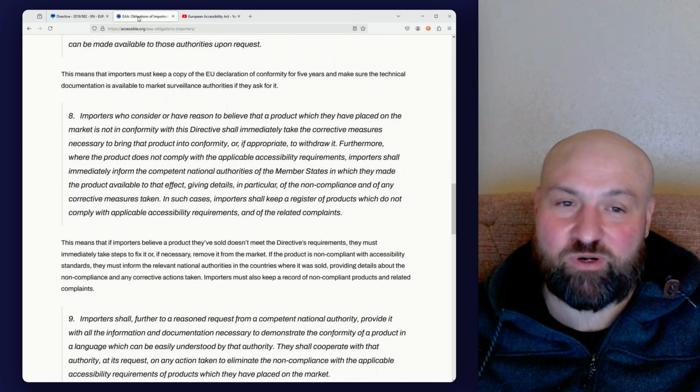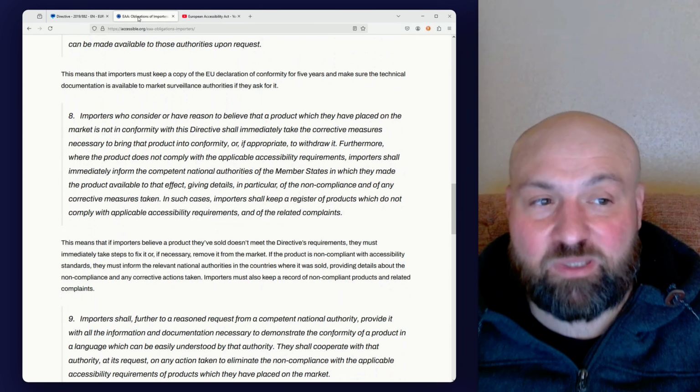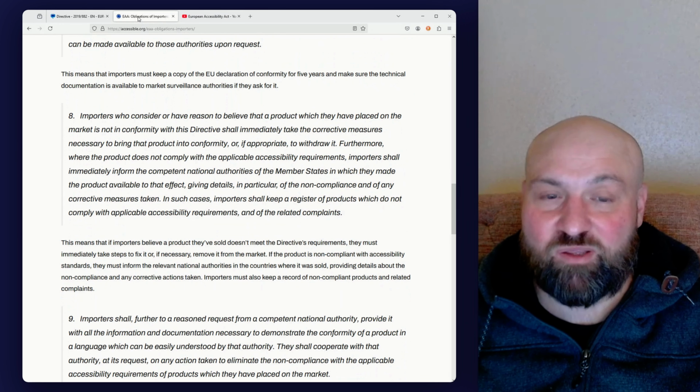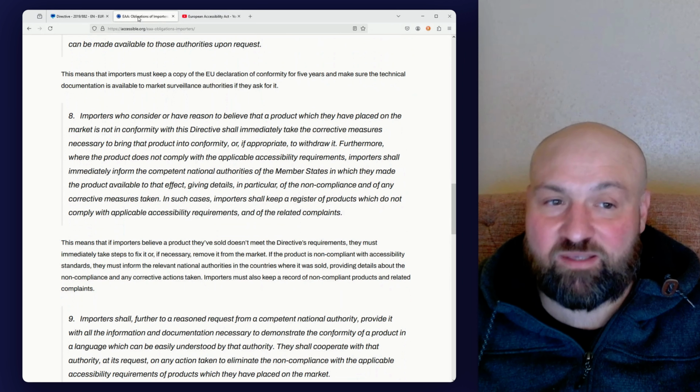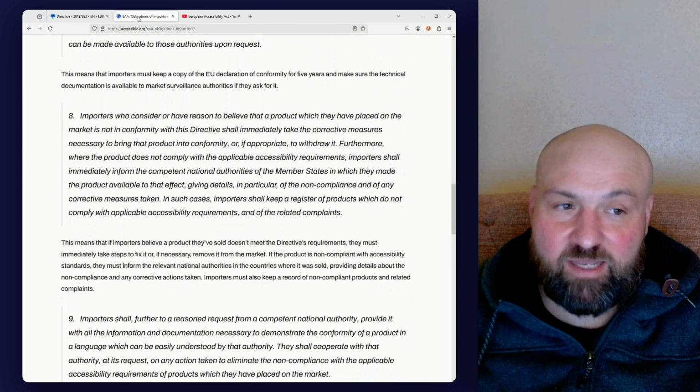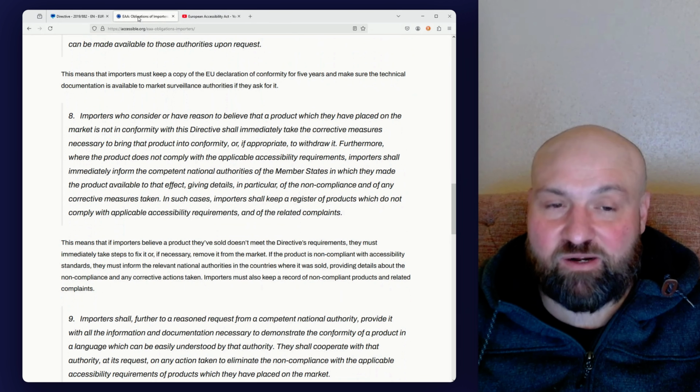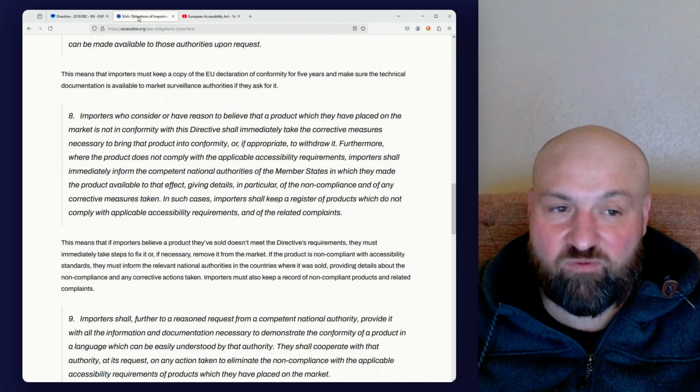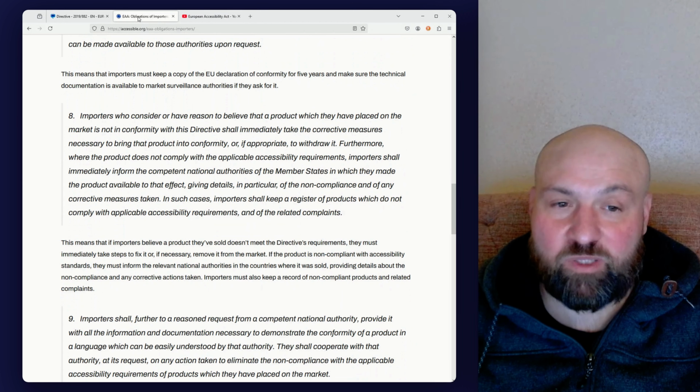Obligation 8. Importers who consider or have reason to believe that a product which they have placed on the market is not in conformity with this directive shall immediately take corrective measures necessary to bring that product into conformity or, if appropriate, to withdraw it.